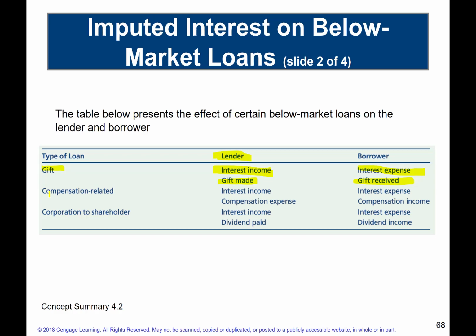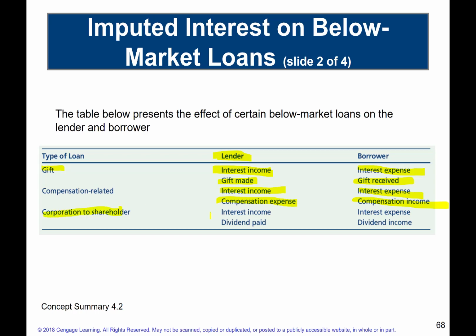For the compensation related, it is considered interest income and compensation expense for an employer lending to the employee. For the borrower, the employee, it is seen as interest expense and compensation income.